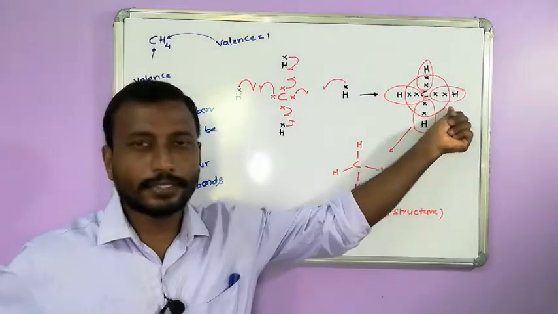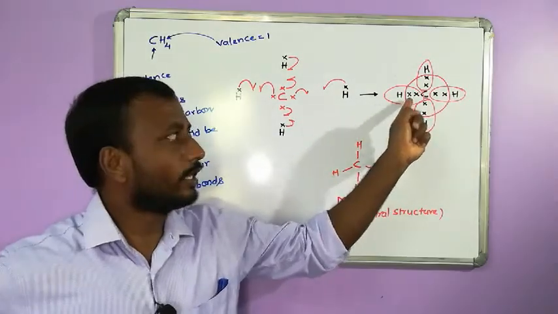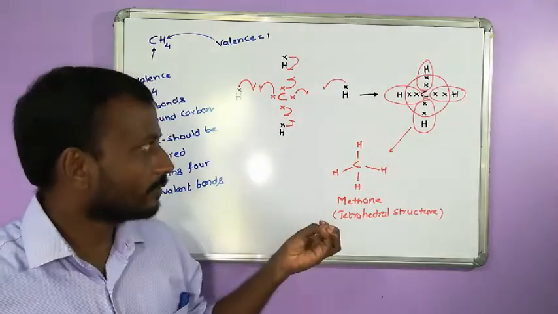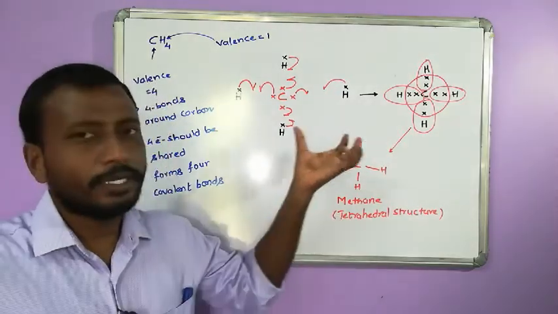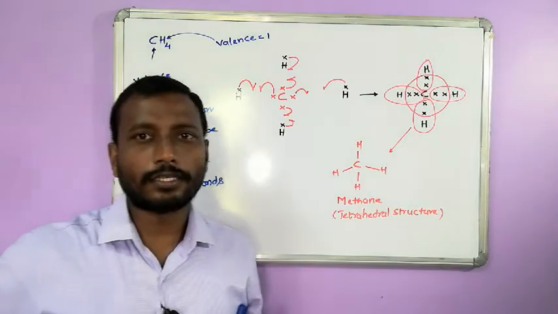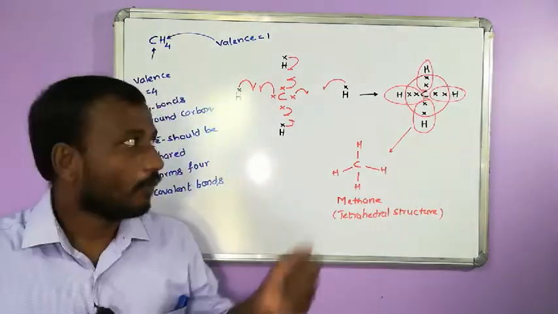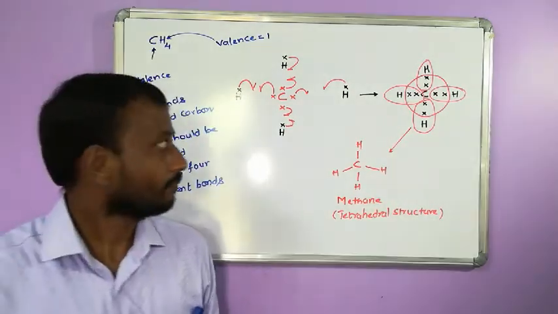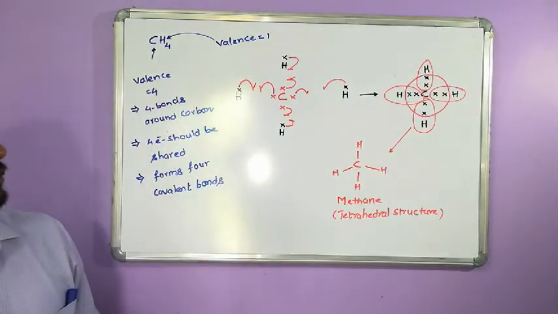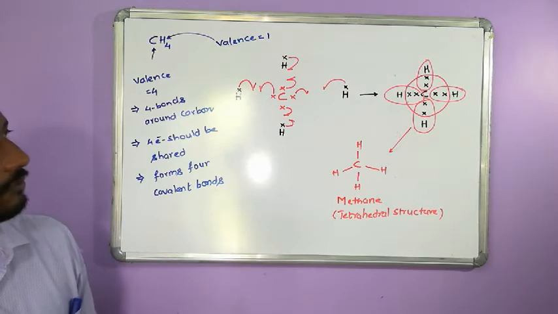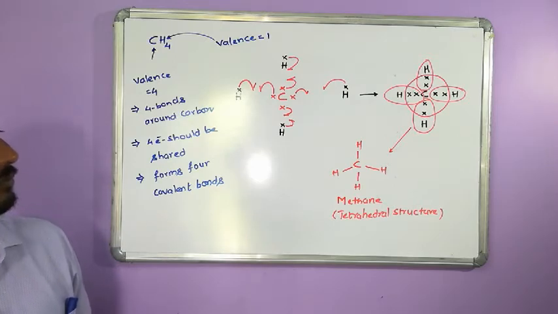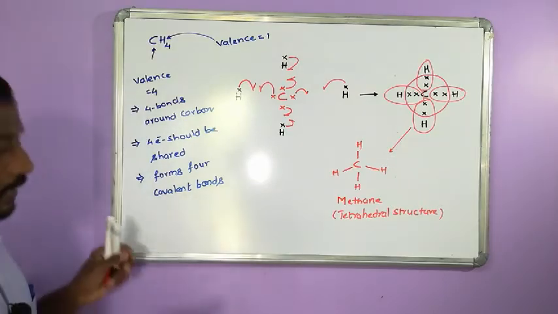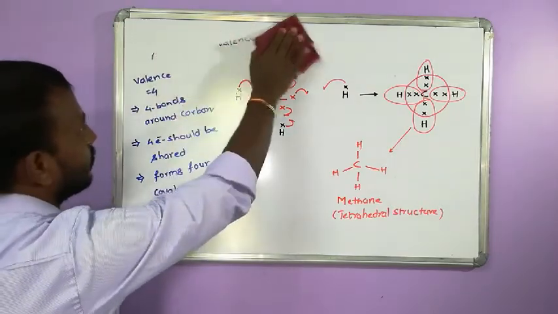Octet of carbon is satisfied and duplet of hydrogen is satisfied. So, we are able to satisfy the stability configuration, that is octet for carbon while duplet for hydrogen. Next, we will try some more.